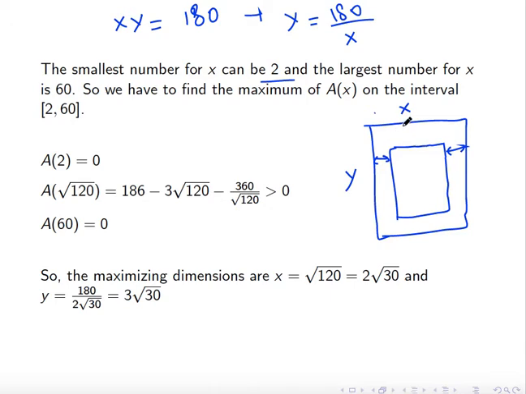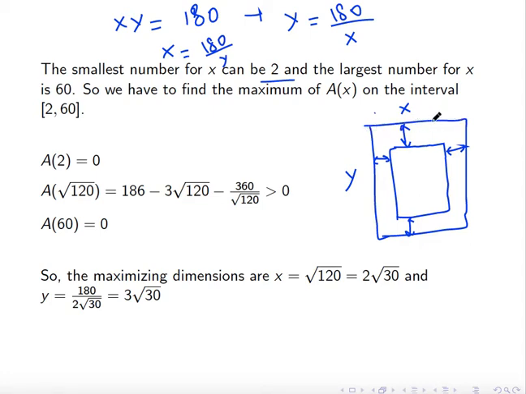Because we have a 2-inch margin on the top and 1 inch on the bottom, it means that at least y must be 3. And when y is 3, x is 60. So that means that's the maximum value that I can have for x.